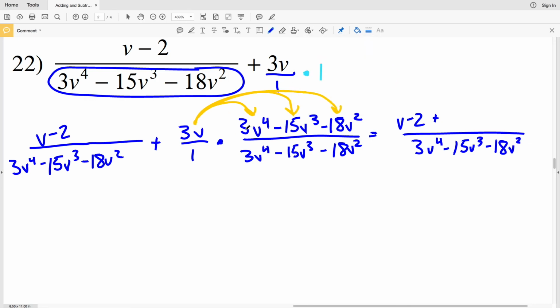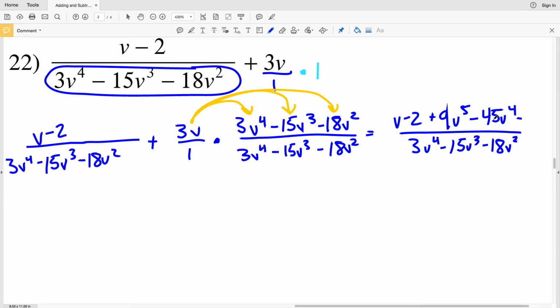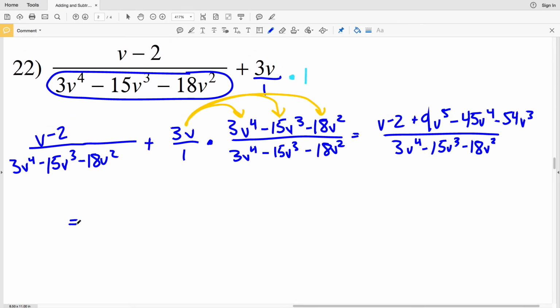So 3v times 3v to the fourth is 9v to the fifth, and I'm subtracting 3v times 15v cubed, which is subtracting 45v to the fourth, and then I'm subtracting 3v times 18v squared, which is 54v cubed.